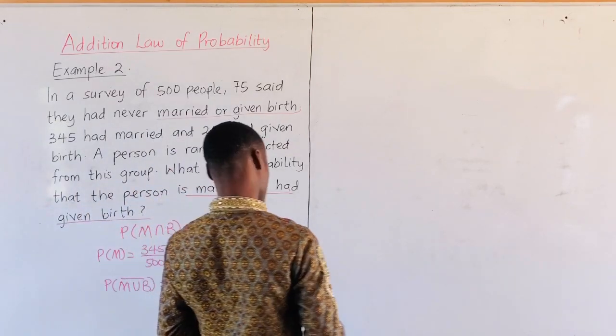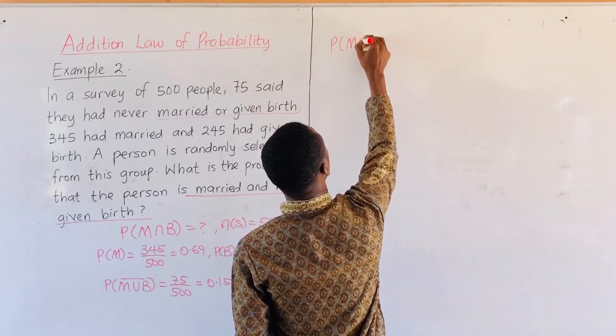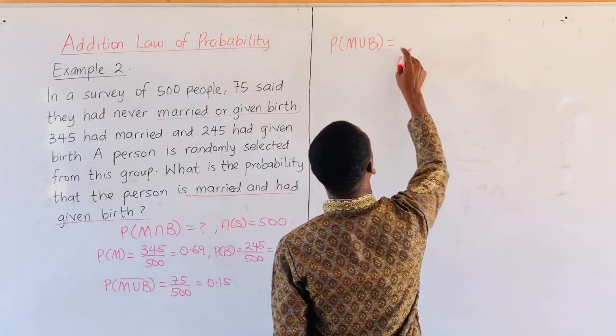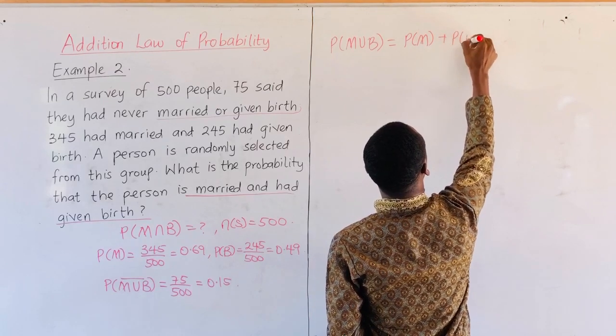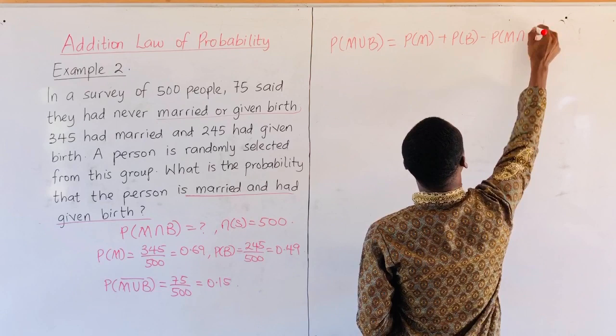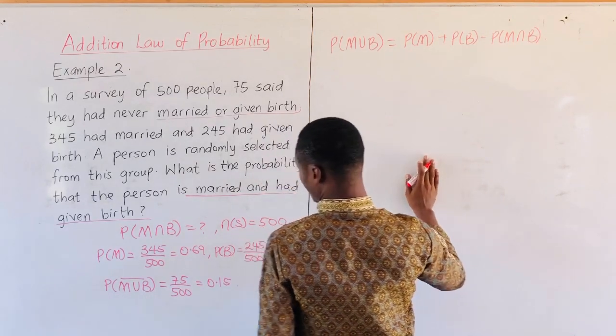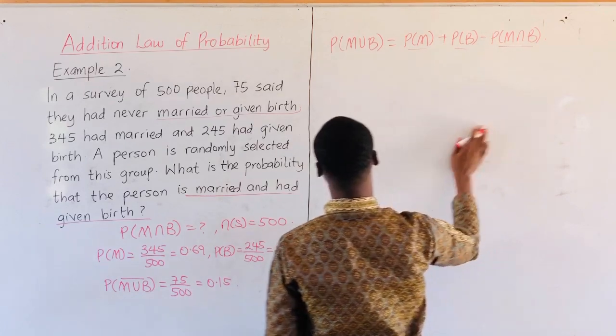So the addition law states that M union B, that is married or giving birth, probability of M plus probability of B minus M intersection B. Now from the data we have this, and this is what we are supposed to find.